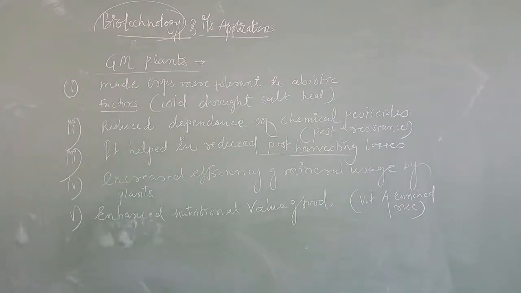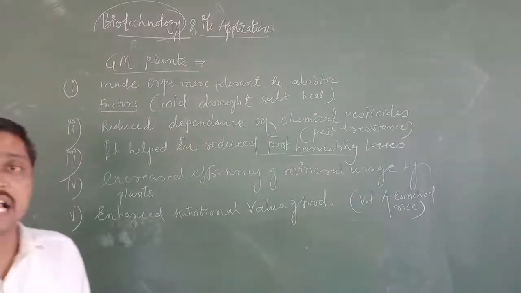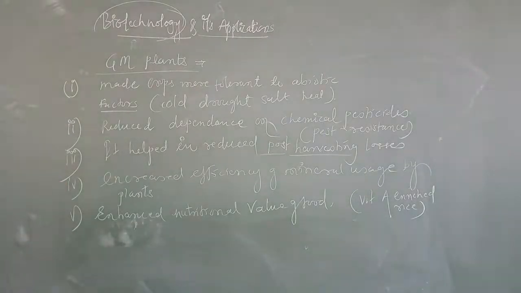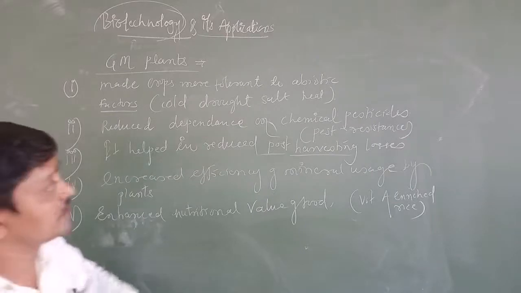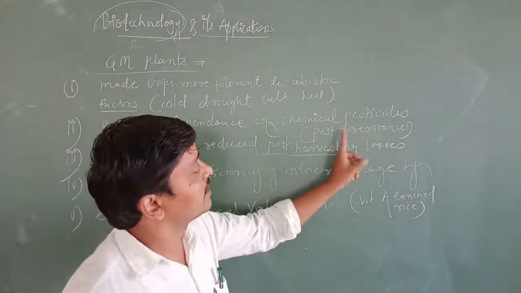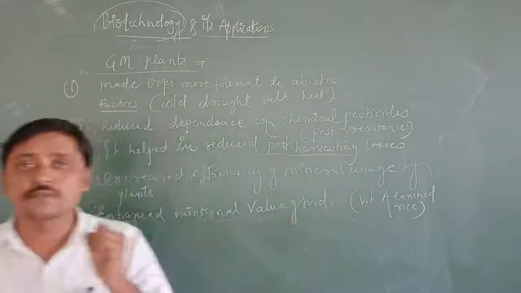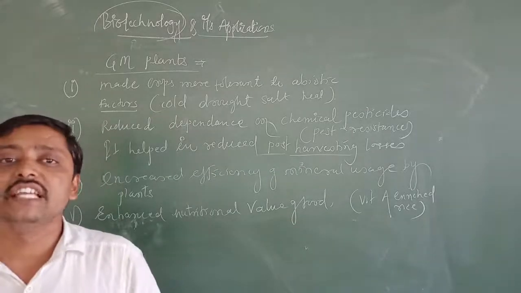Now, using genetically modified plants, we are going to study in detail the Bacillus thuringiensis BT cotton plant. Some applications of biotechnology in agriculture that will be studied in detail are the production of pest resistant plants. In pest resistant plants, the plants themselves fight against the pest.